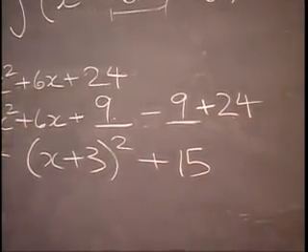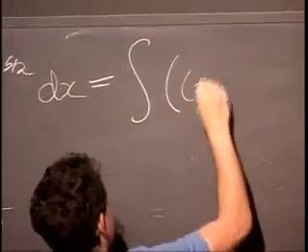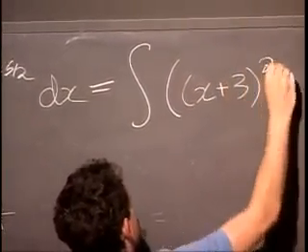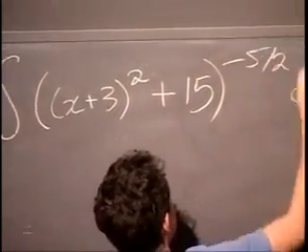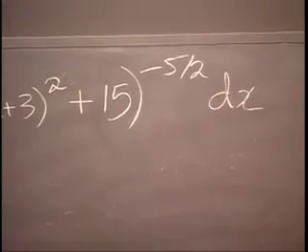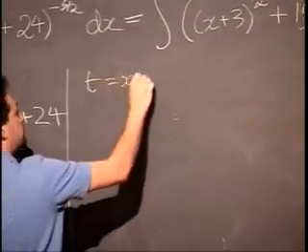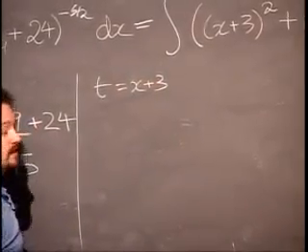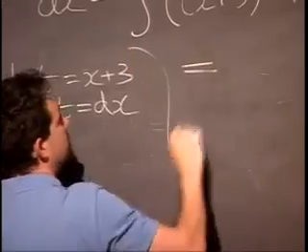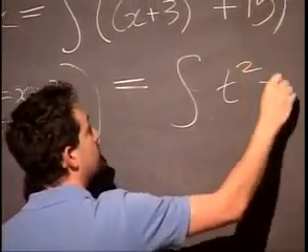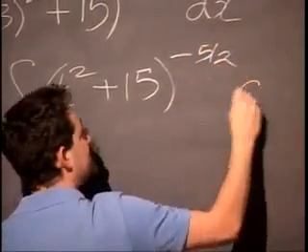But actually, we should come back to our original integral and write it as the integral of x plus 3 all squared plus 15, all to the minus 5 halves. Now, substitute t equals x plus 3. dt is just dx, and this works out to be the integral of t squared plus 15 to the minus 5 halves dt.